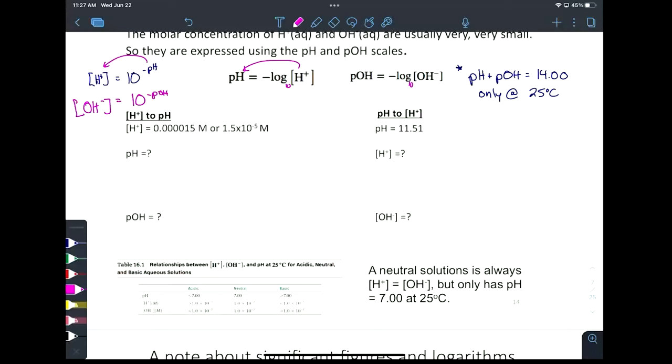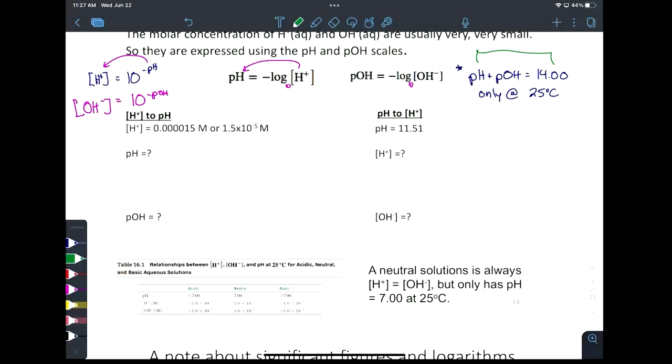If you've ever worked with pH before, oftentimes we say pH plus pOH equals 14. That 14, I hope you recognize, comes from Kw. Kw is 1 times 10 to the negative 14. This relationship is only true at 25 degrees Celsius, but 98% of the time we will be working at 25 degrees Celsius.